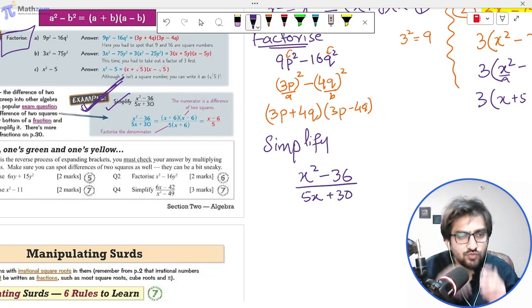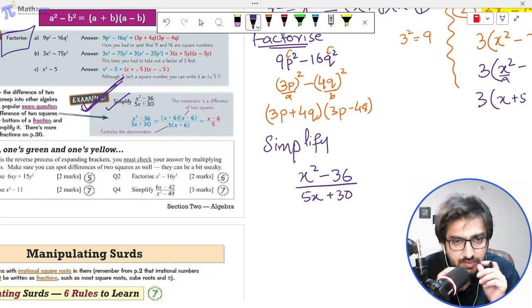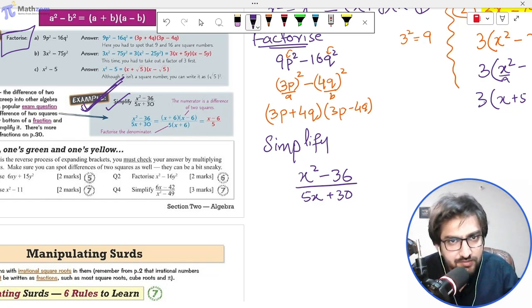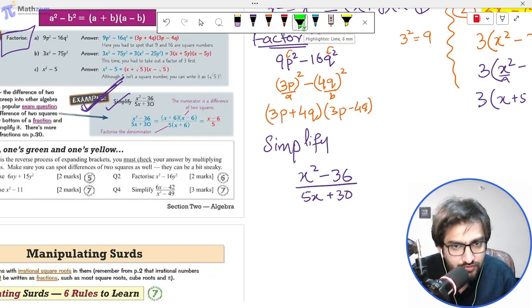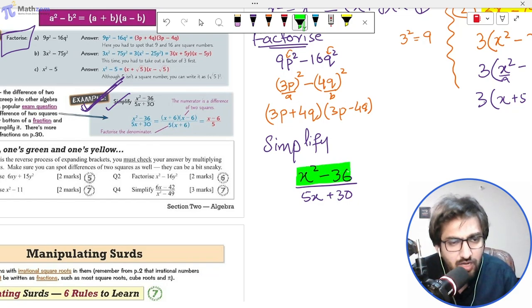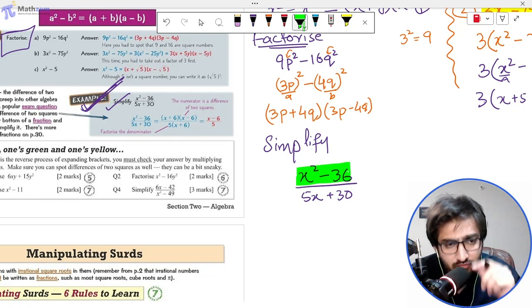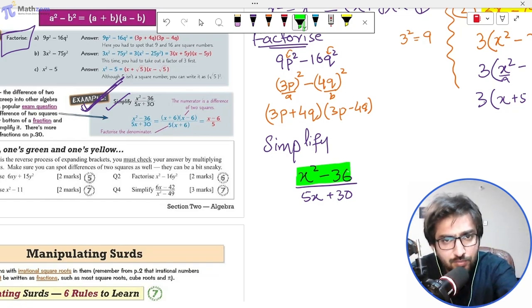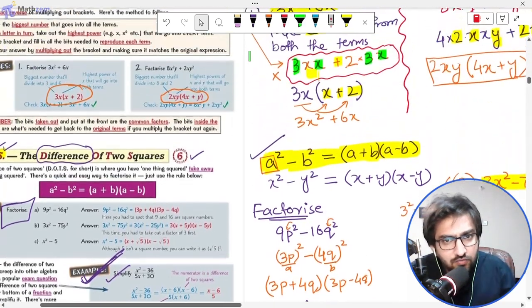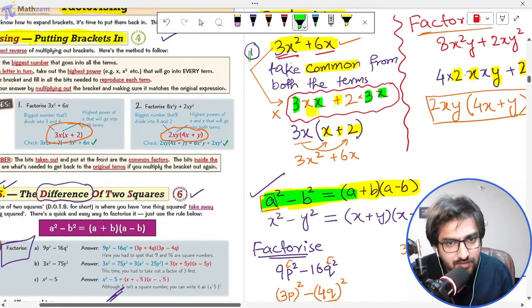So this is the question, we need to simplify that. If you see the numerator, focus here on this numerator. x is squared, but there is no square on 36, so somehow we can convert that 36 into the form of a square, and then we can apply this formula.